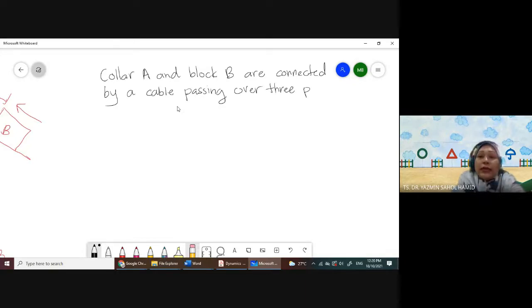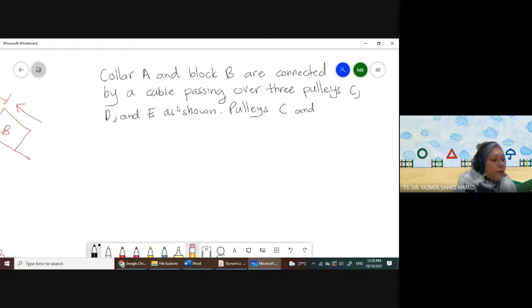Okay, untuk kelas saya subjek dynamics, you memang perlukan buku. So whatever you copy in your paper, I need you to transfer it in the book, proper book. Pergilah beli buku yang ada garis-garis tu.